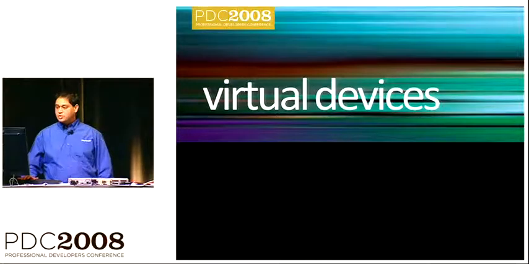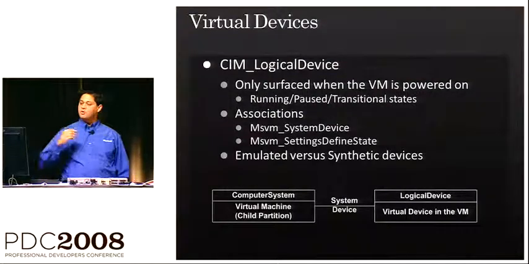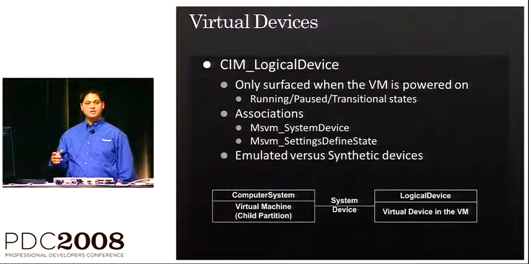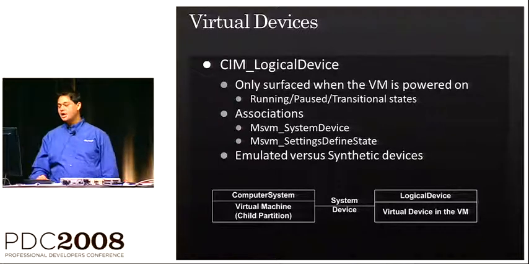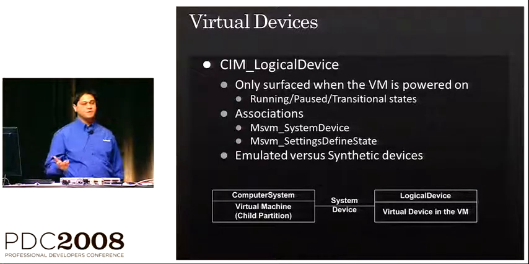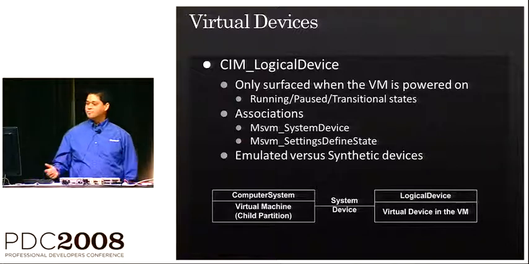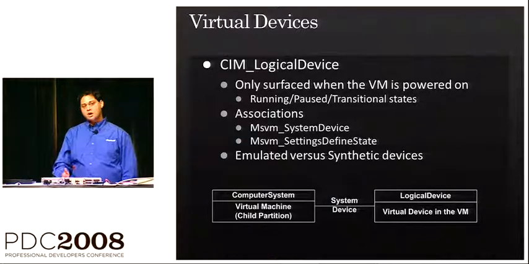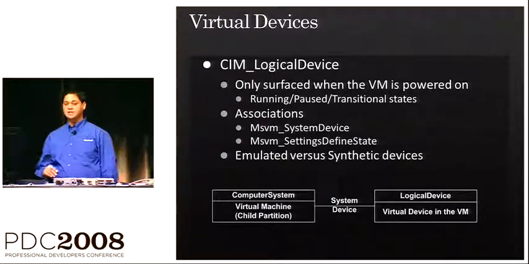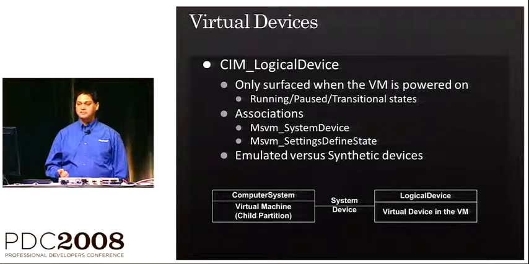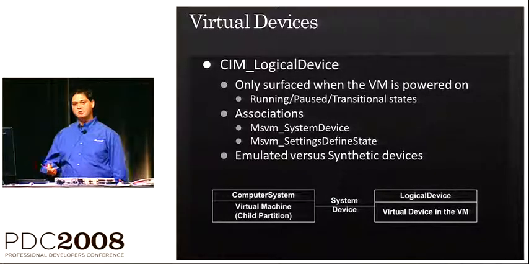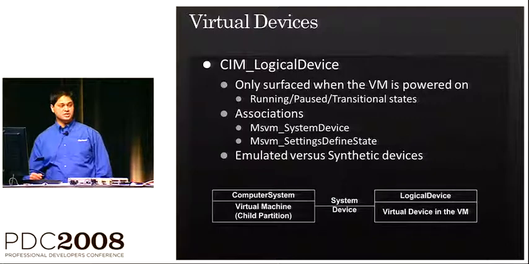So now we come to virtual devices. As I mentioned before, virtual devices are represented by this logical device object, and they're only surfaced when the VM is powered on, which basically means running, paused, or some transitional state. That means things like saved or powered off, etc., you're not going to see these objects at all.